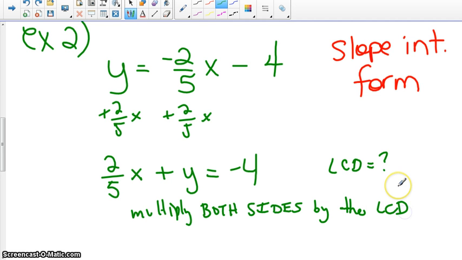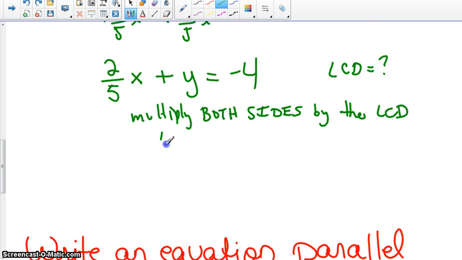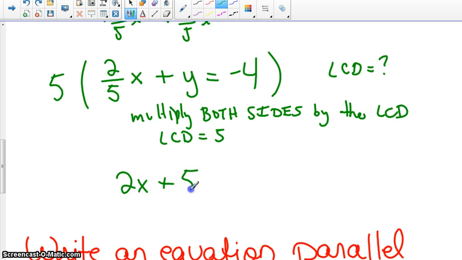Now for this, there's only one fraction, so the lowest common denominator is going to be 5. So we're going to multiply all of this, both sides, times 5. And when I do that, I'm going to get 2x plus 5y equals negative 20. And now I have standard form.